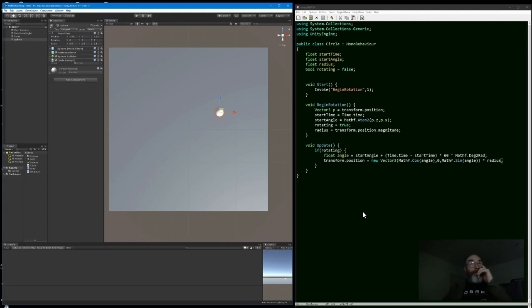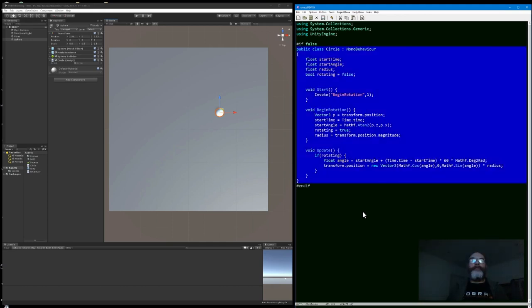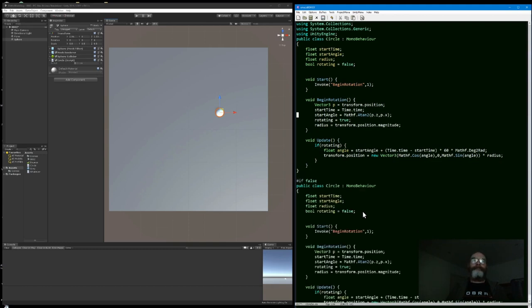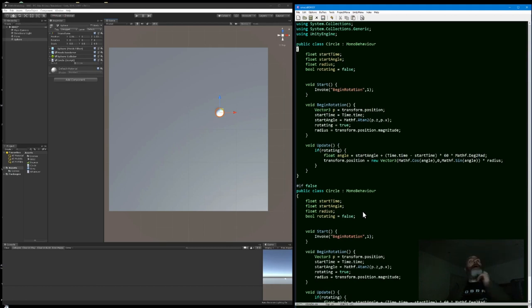Because I really don't like this. It's got angles and everything in it. So what we'll do is I'll just go and say hash if false and copy this. I'm going to go with a different approach completely.